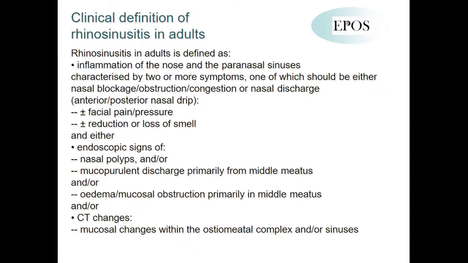Rhinosinusitis in adults is defined as inflammation of the nose and the paranasal sinuses, characterized by two or more symptoms, one of which should be either nasal blockage, obstruction or congestion, or nasal discharge, anterior or posterior nasal drip; facial pain or pressure; reduction or loss of smell; and also endoscopic signs of nasal polyps or mucopurulent discharge primarily from the middle meatus, and/or edema or mucosal obstruction primarily in the middle meatus, and/or CT scan changes.